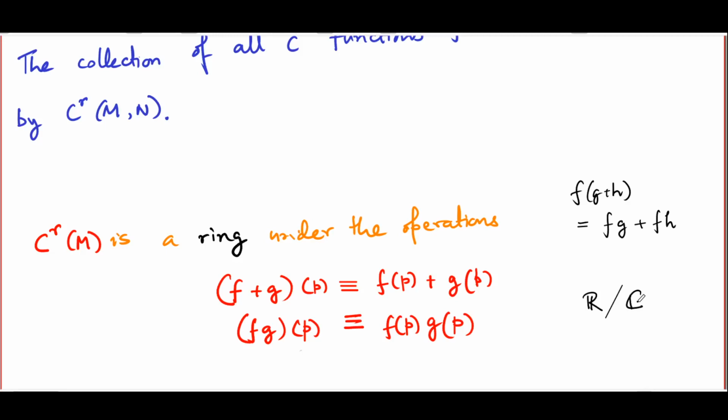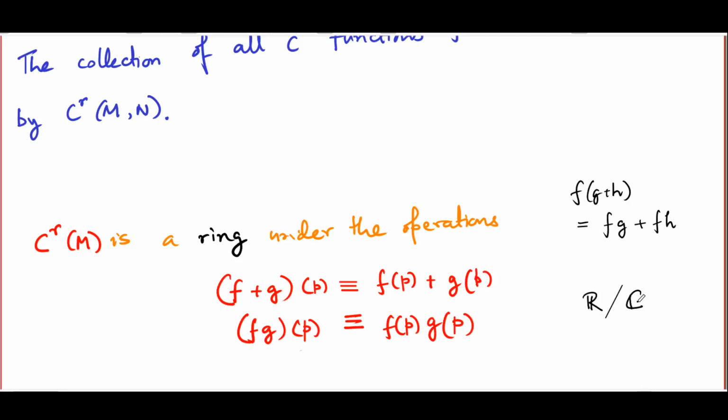Now, this is a legitimate operation as long as g(p) is 0 nowhere. But if a function takes the value 0 at one or more points on the manifold, then f by g will not be a well-defined entity. At the point p on M where g(p) vanishes, f by g simply cannot be defined there, and so f by g is not going to be a function over the manifold M.